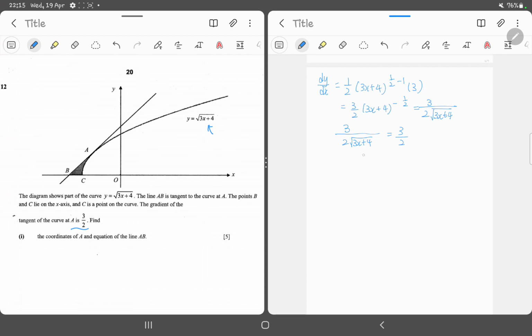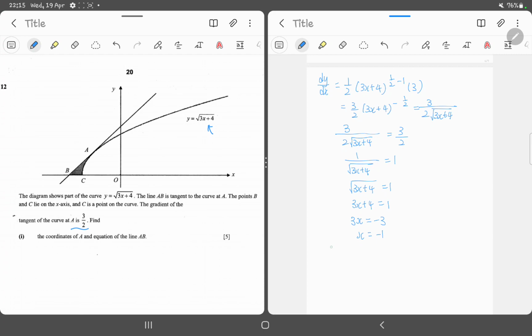Which means that 1 over square root of 3x plus 4 equals 1. So square root of 3x plus 4 equals 1. Squaring both sides, 3x plus 4 equals 1. So 3x is minus 3, therefore x equals minus 1.